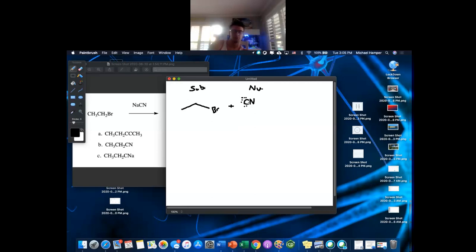So can somebody tell me what classification of substrate this is? Primary, secondary, or tertiary? Primary. And what kind of reaction prefers a primary substrate, Sn1 or Sn2?